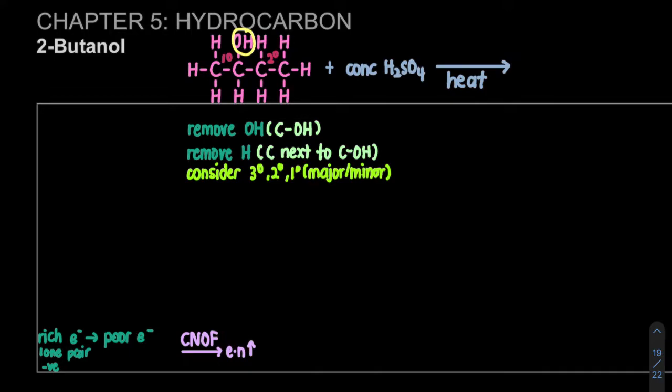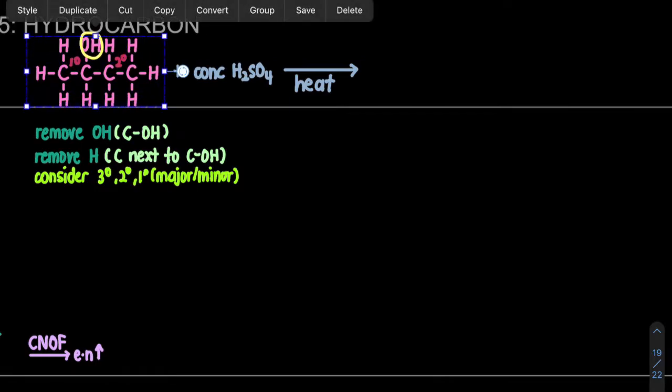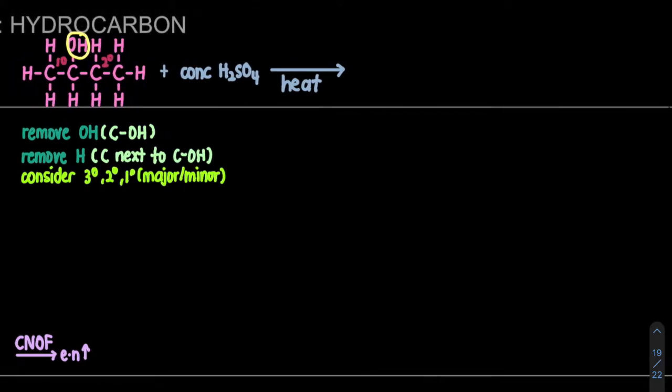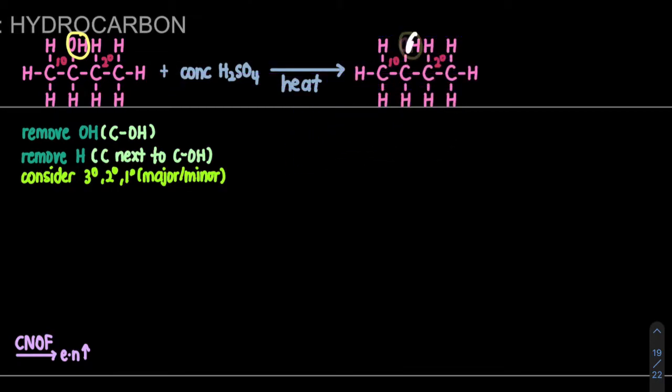The first possibility is when we remove the hydrogen from the secondary. So we remove OH here and we remove hydrogen here. What will be the product? We're going to remove this OH, and in this case I want to remove the hydrogen from the secondary, so I remove this one.